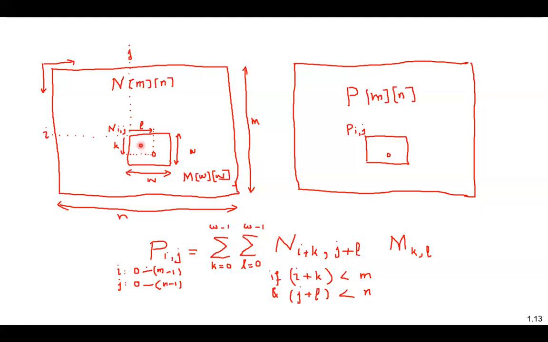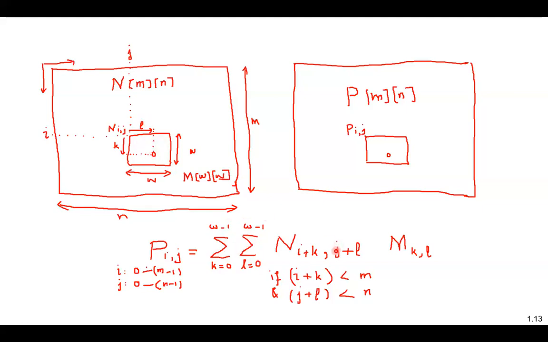So my inner loop, which corresponds to this column, will run for l from 0 to W minus 1, and k from 0 to W minus 1, because I am just carrying out this inner loop for just the mask size. So the mask size is indexed by k and l and its size is W into W. So I will have these two summations for those two inner for loops.